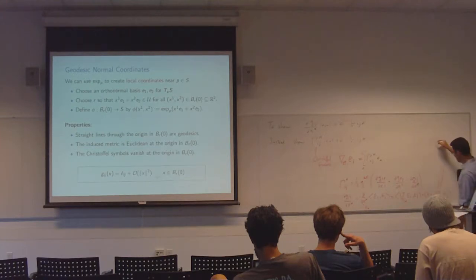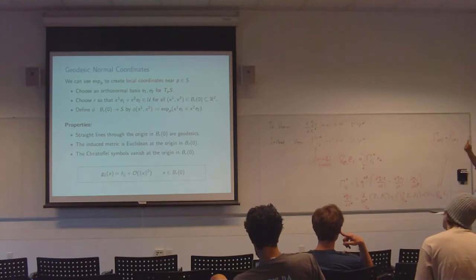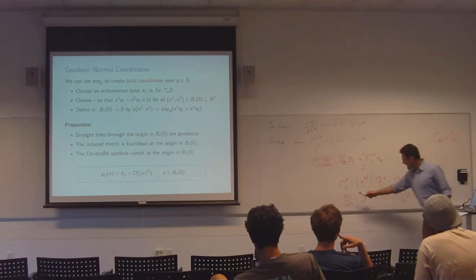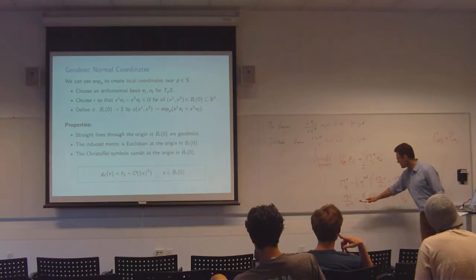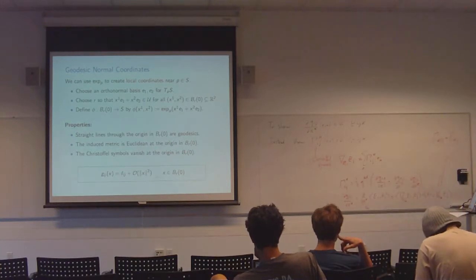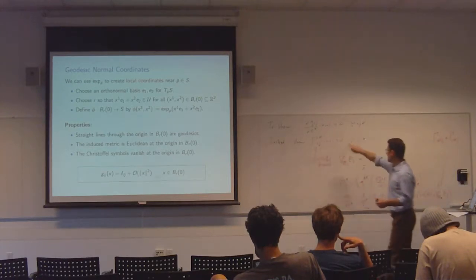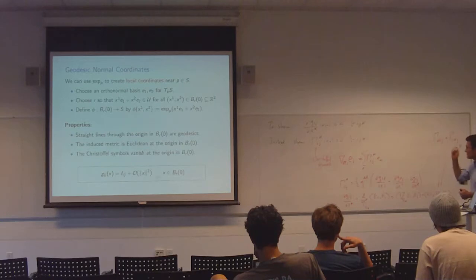And that is equal to gamma lower k i j plus gamma lower k j i. The uppers are related to the lowers by means of an invertible matrix, so you're good. So you do have this invertible relationship between the derivatives of the metric and the Christoffel symbols. That's why it's good enough for me to show that these Christoffel symbols vanish.